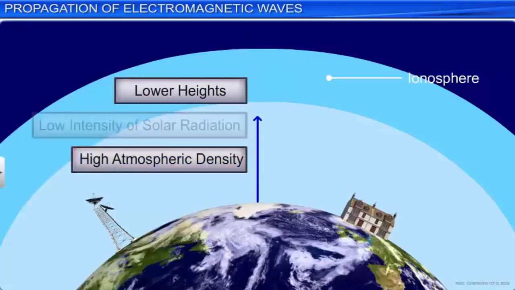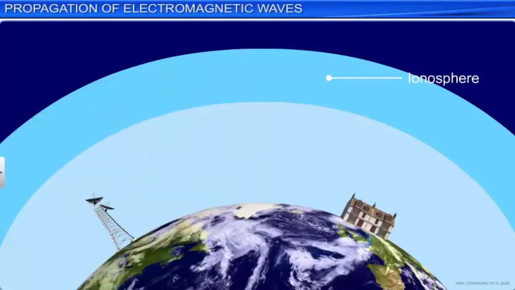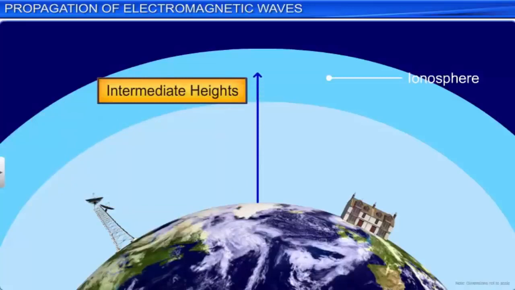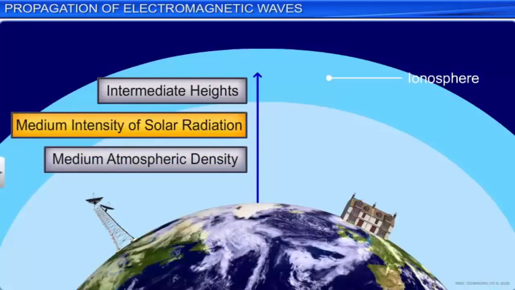However, at some intermediate heights, the density of atmosphere and the intensity of solar radiation are comparable to have a high degree of ionization. Depending on the level of ionization, the ionosphere is divided into 4 layers, as shown.